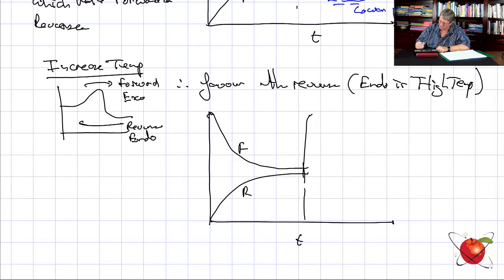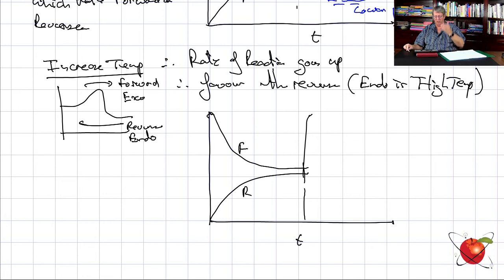Increased temperature, therefore rate of reaction goes up. So you look at what you did and what's going to happen to the rate, then say the reverse reaction was the one, and put the other one up to it like that.